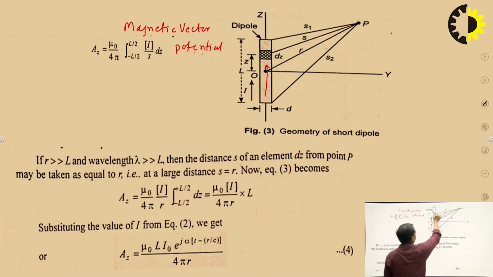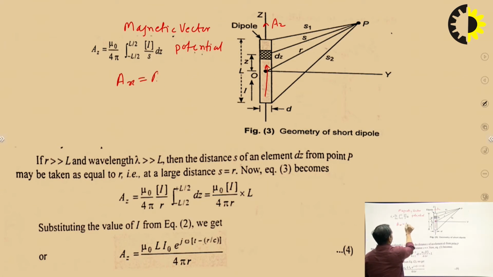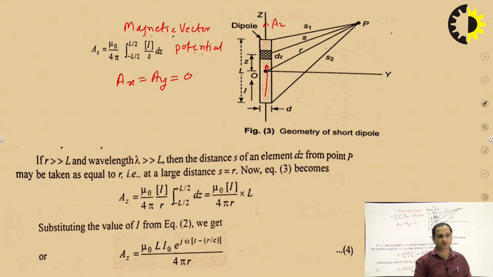So this is in the direction of AZ, or you can say in the direction of Z. It means this is along the direction of the current carrying conductor. So in this case, AX and AY will be equal to 0. AX is equal to AY is equal to 0.